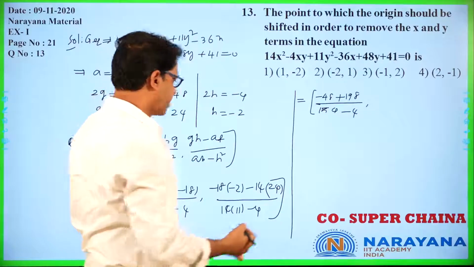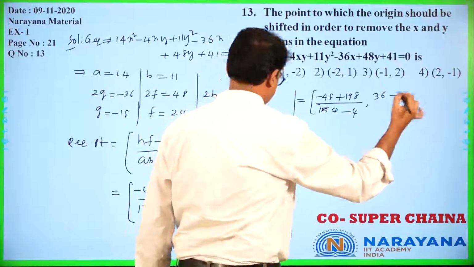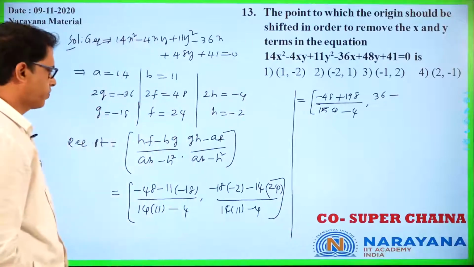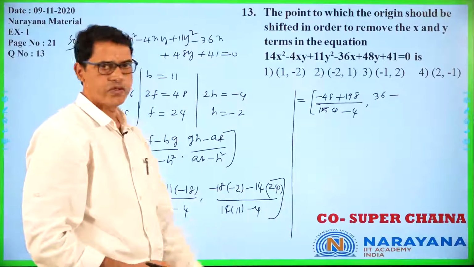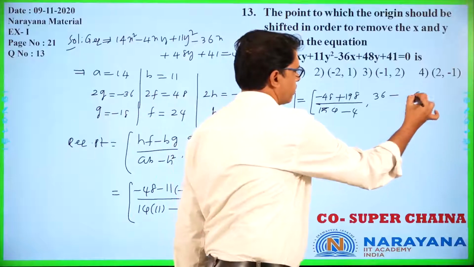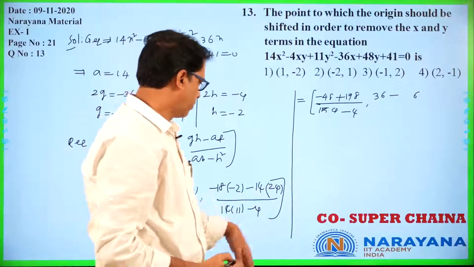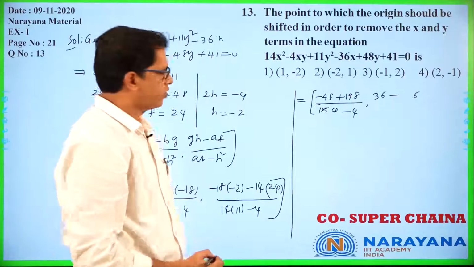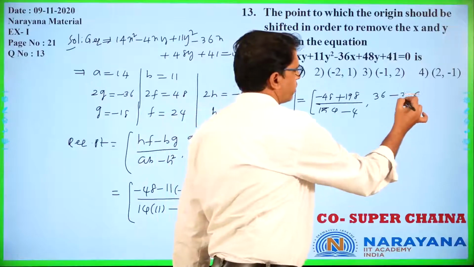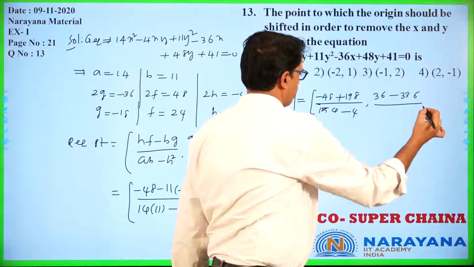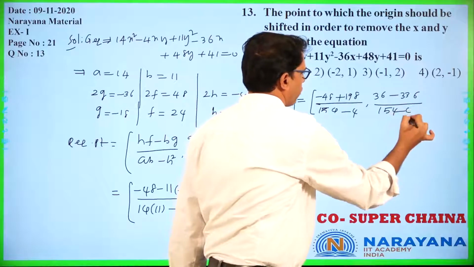Next, plus 36, minus 24 into 14: 14 4s are 56, 5 carry, 14 2s are 28 plus 5, that is 33, 336. The denominator will be the same, 154 minus 4.